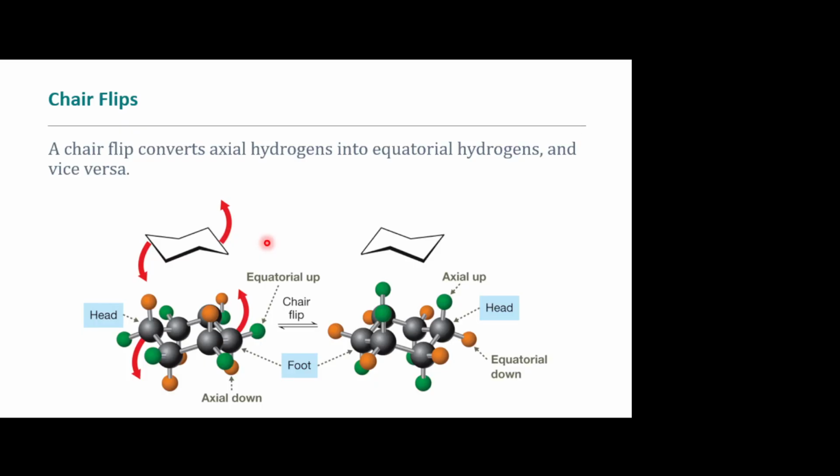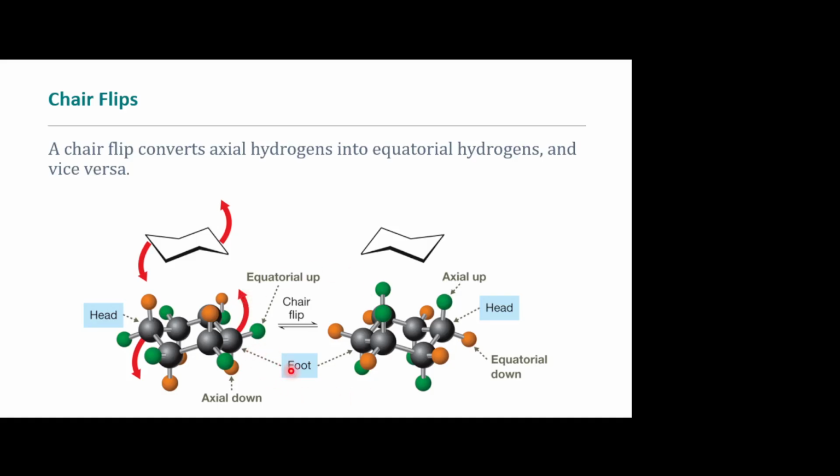Right here we have one of the chair conformers. When it does the flip, this goes to the head, this goes to the bottom part, the footrest. The ones that are involved in this are going to switch which ones are axial and which ones are equatorial.